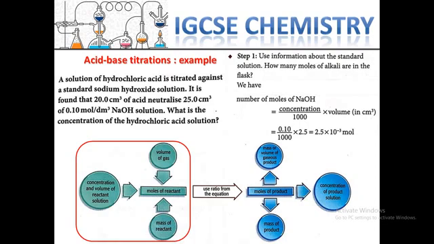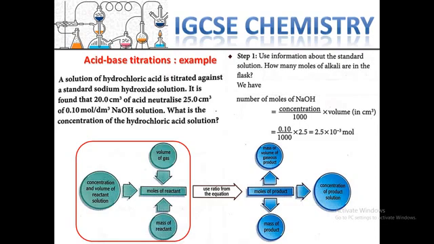Because if you remember from the acid-base titration, as I explained in the face-to-face class, finally you will get a neutralized solution, where the acid or base will be neutralized.